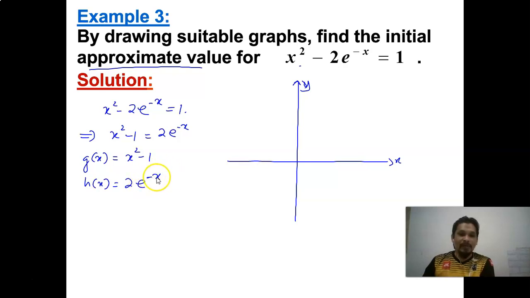When e power of x, the graph is something like this. So oppositely, if e power of negative x, then we come up with this one here. And when x equal to 0, e power of negative 0 equal to 1, 1 times 2 equal to 2. It intersects y here at y equal to 2.